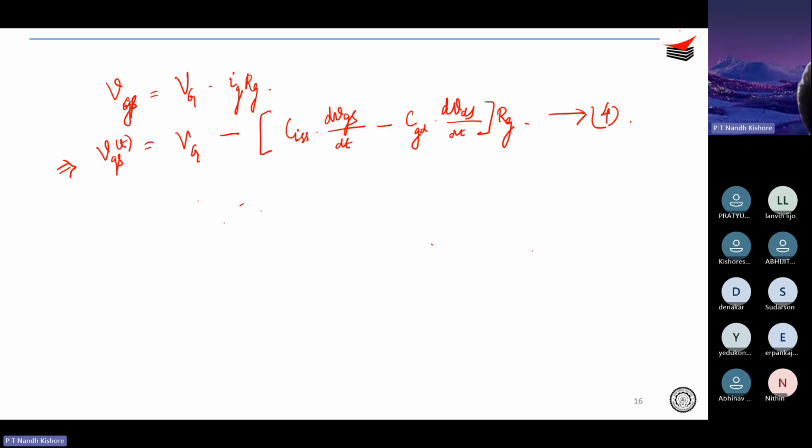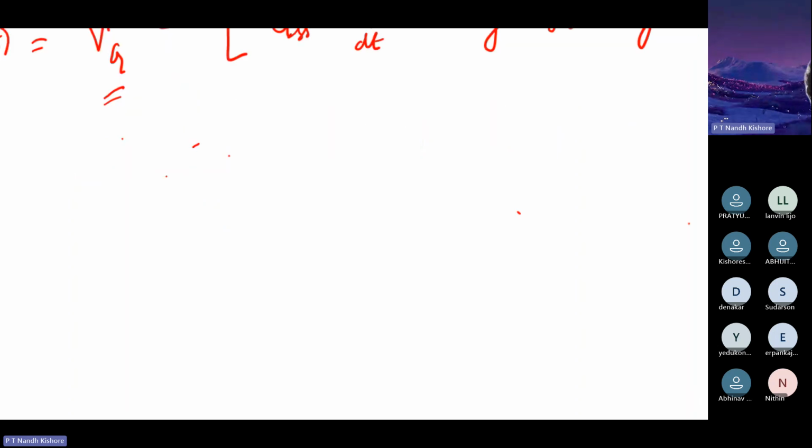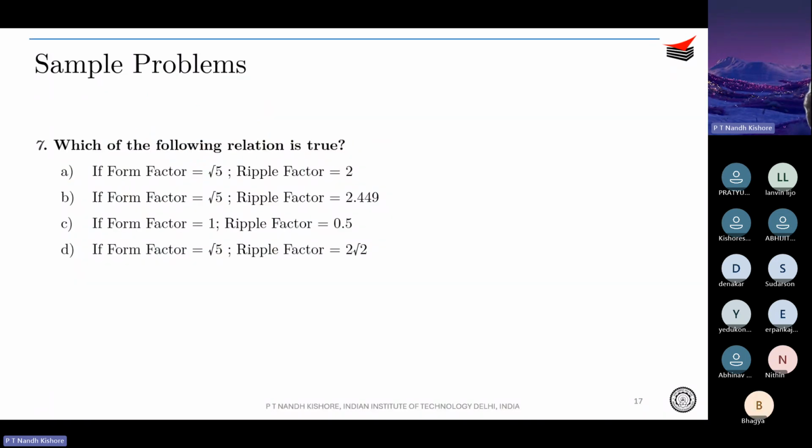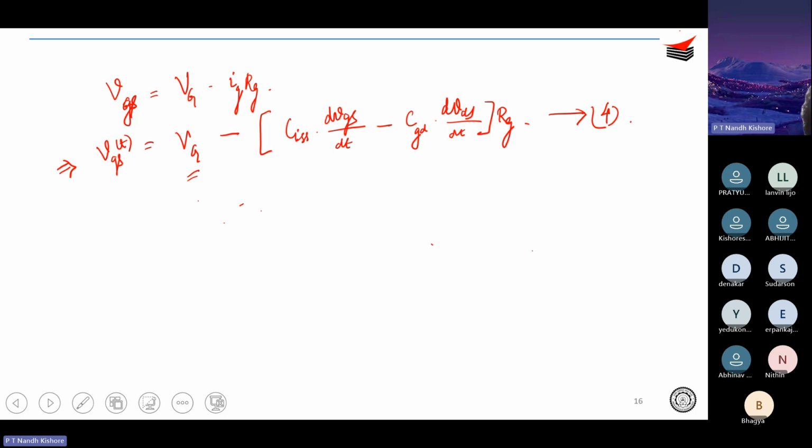VGS of t is equal to VG, some fixed voltage, minus CISS, the input capacitance as I called it, a summation of CGS plus CGD, into dVGS of t over dt minus CGD into dVDS of t over dt, into RG. So you can understand how this VGS changes.